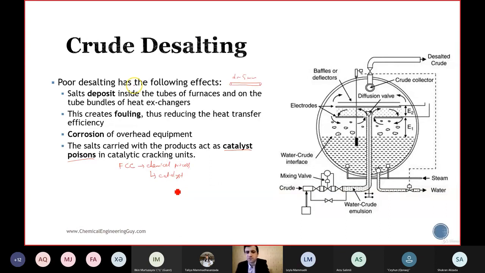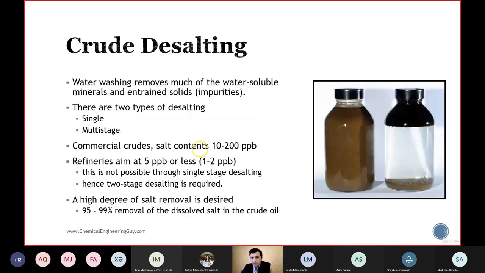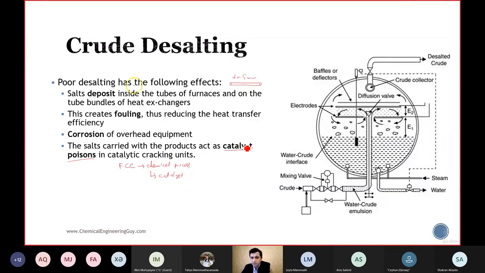Okay, I will explain the process here. We have the crude coming in and we add wash water here. The question to you: why do we add wash water? We don't want water in the crude.